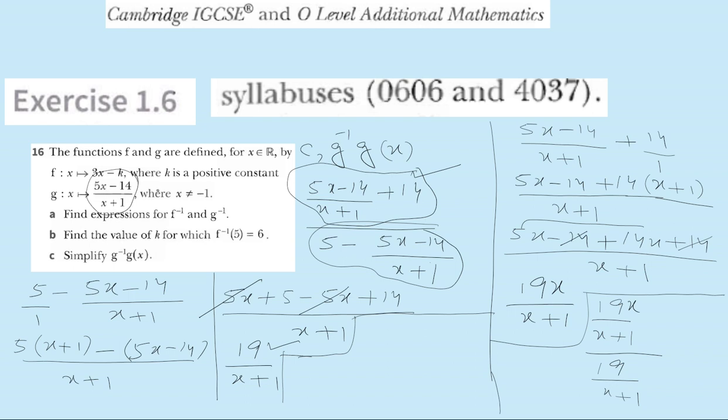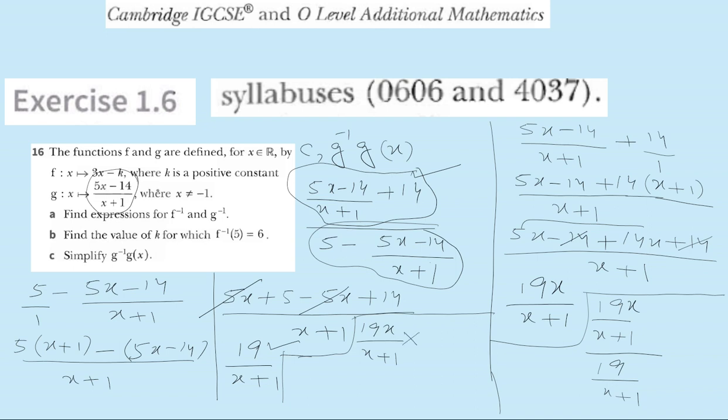Now see this, 19x upon x plus 1. Student, whenever you see a double fraction like 19x upon x plus 1 upon 19 upon x plus 1, you can convert the last denominator into numerator.